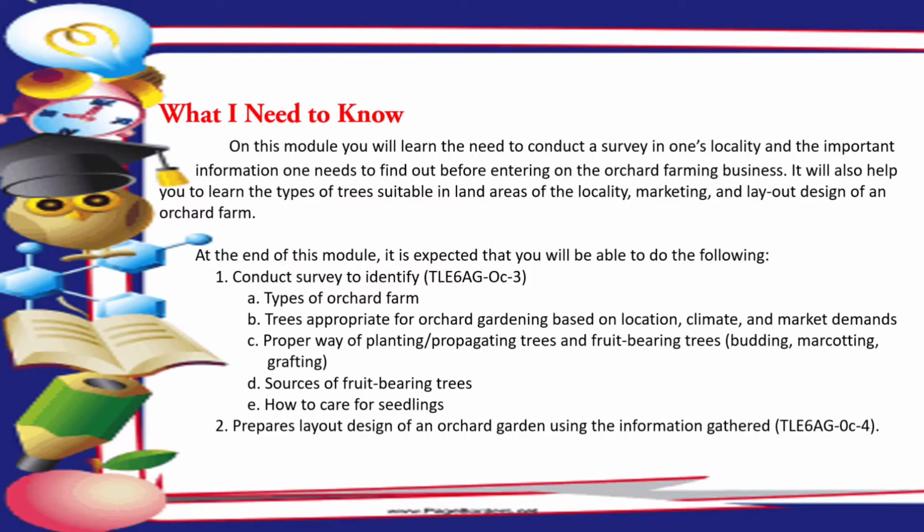C. Proper way of planting and propagating trees and fruit-bearing trees: budding, marcotting, grafting. D. Sources of fruit-bearing trees. E. How to care for seedlings. 2. Prepare a layout design of an orchard garden using the information gathered.